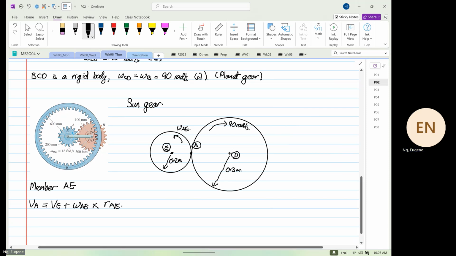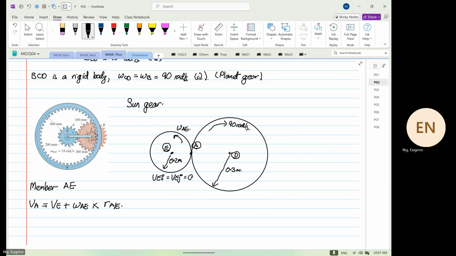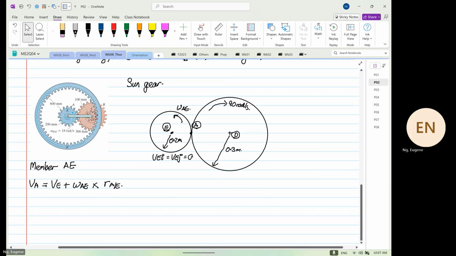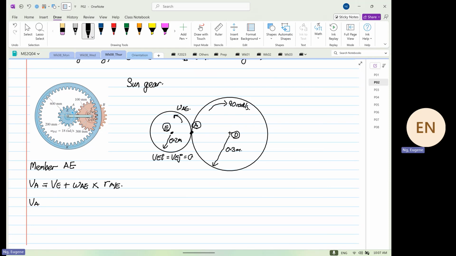What we know is that VE I, and also VE J, are all equal to 0, right? So VA, at this instance over here, is in one direction only. VA is going up in this direction only.